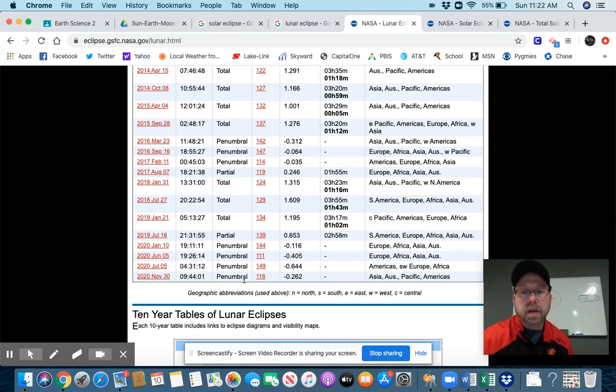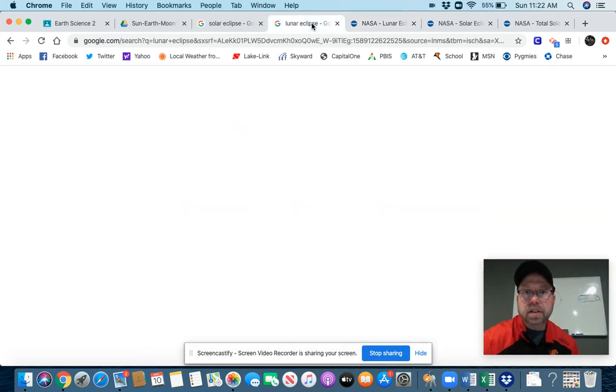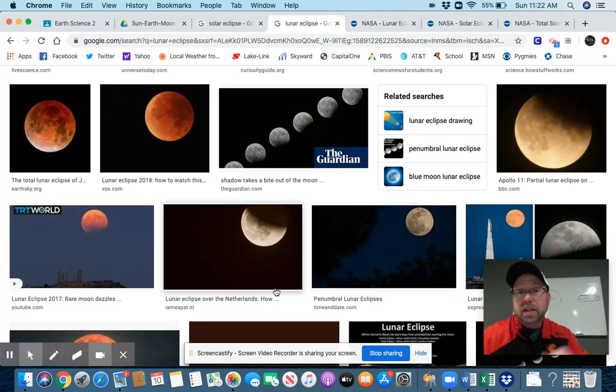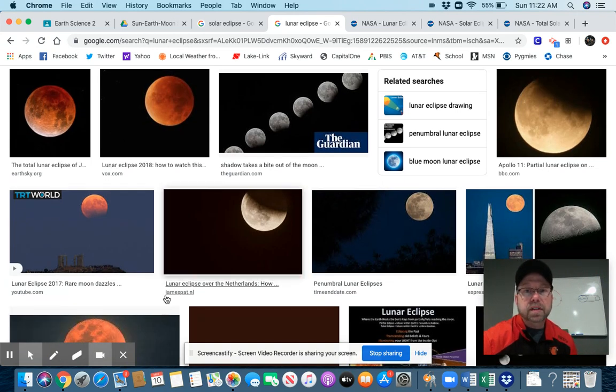There are some penumbral ones, like, let's see, July 5th, where we should be able to see some of the Earth's shadow cover the moon, but not a total lunar eclipse. So we'll have to look into 2021 to see that next total lunar eclipse. But what will that look like? Here are some pictures again from a lunar eclipse.